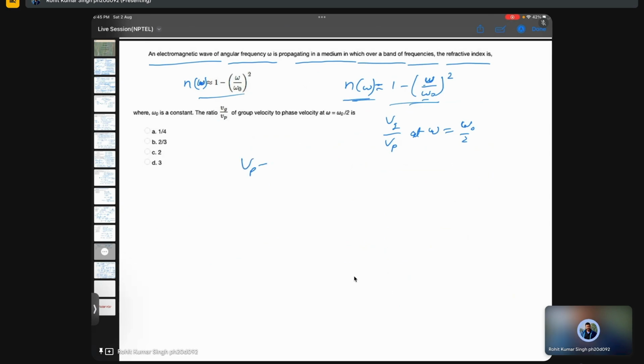So what is phase velocity? Phase velocity is omega by k, right? So omega is given, omega naught by 2. What about k? How do you calculate k? Anyone? k is not given, right?